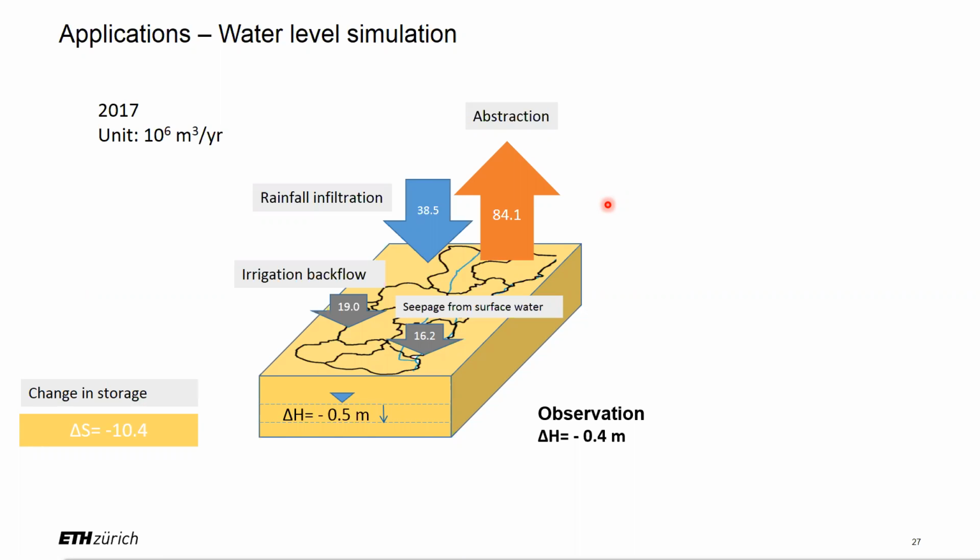For example, we can analyze if we decrease the abstraction for irrigation, how the water level will change. And we can also do the calculation in the other direction, saying that we have a goal that the groundwater level in the shallow aquifer should not decrease by 0.1 meters.